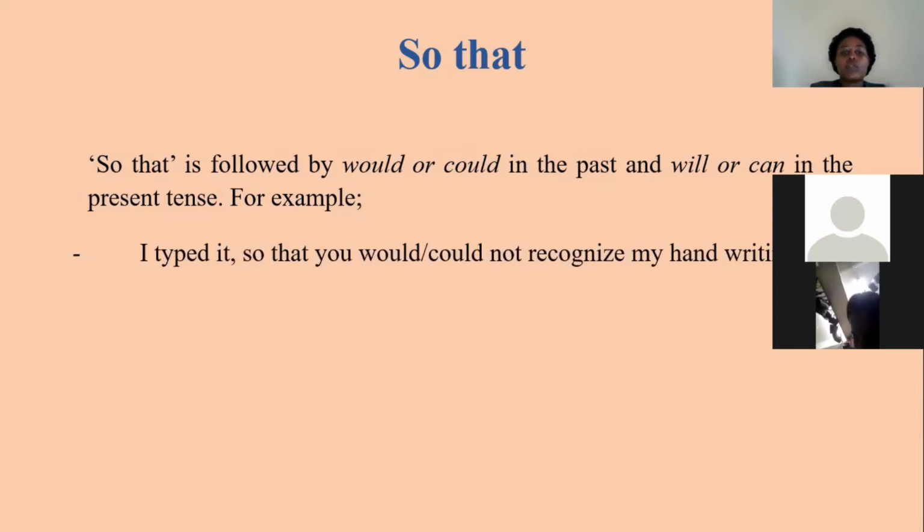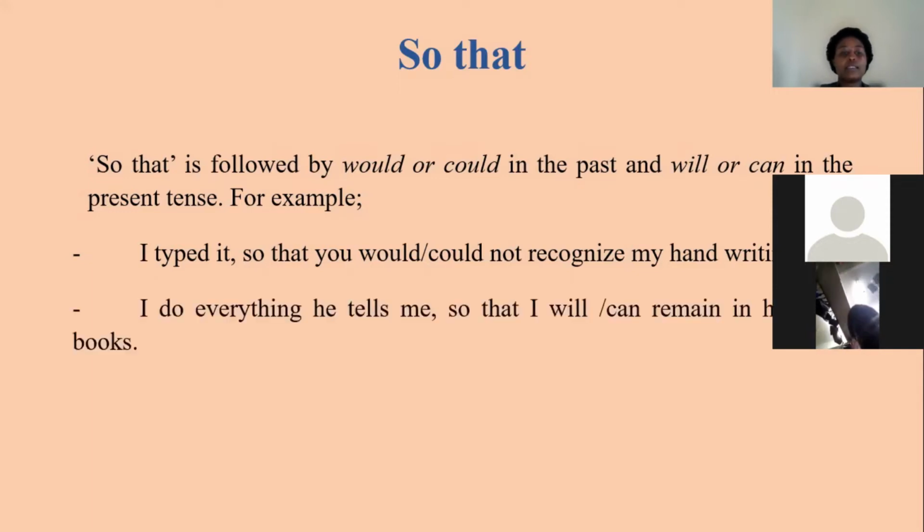I typed it so that you would or could not recognize my handwriting. This is a past tense sentence, and we have a present tense sentence here. I do everything he tells me so that I will remain in his good books, or I can remain in his good books.